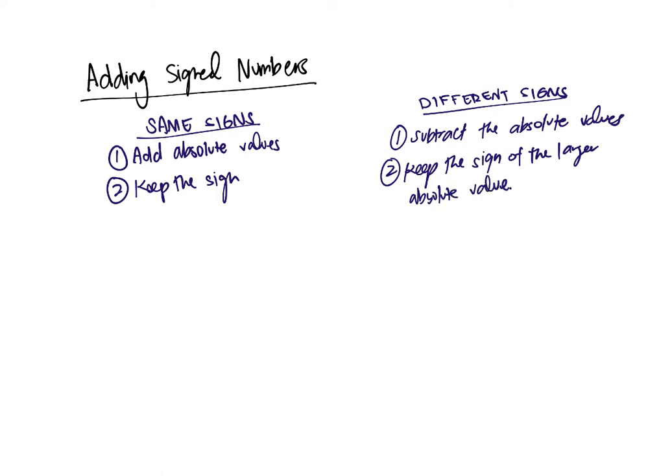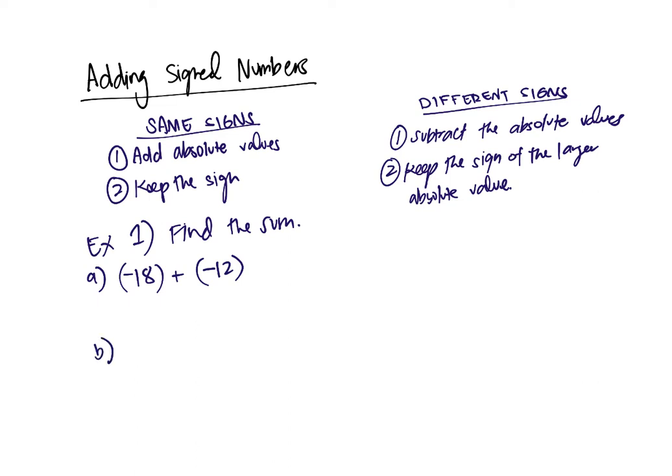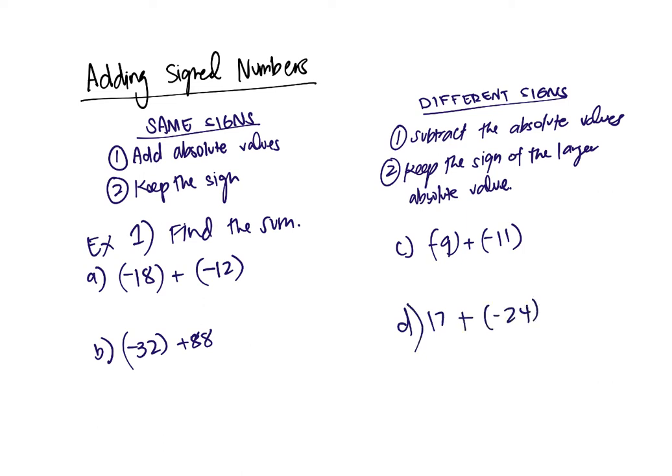So let's go into some examples. We're going to do finding the sum. For letter A, we see that we have two negative numbers.